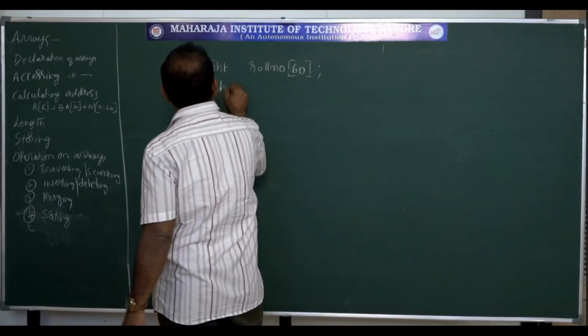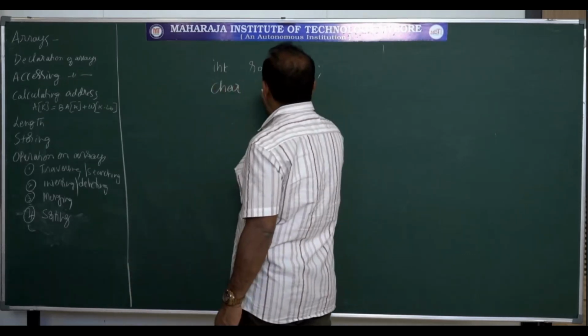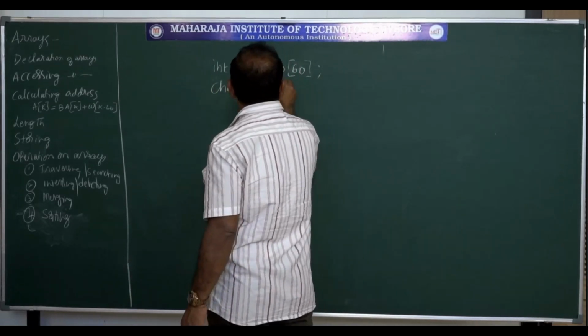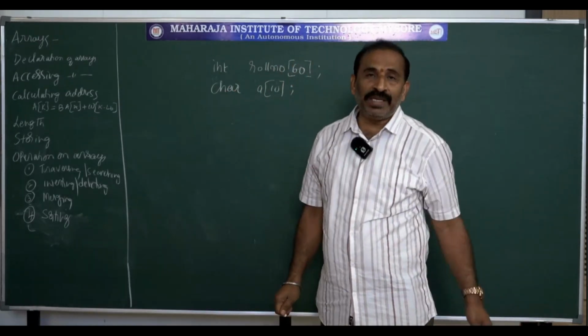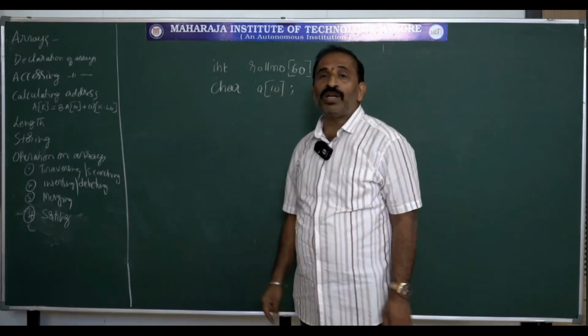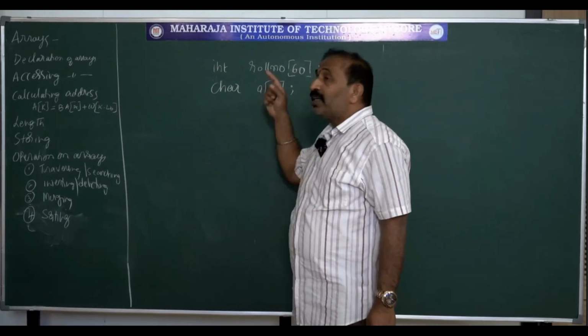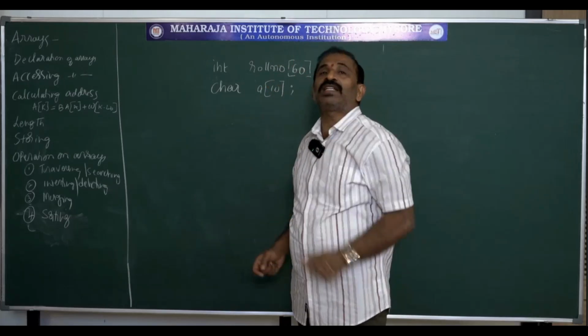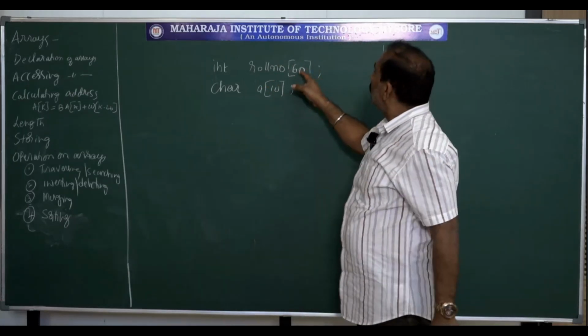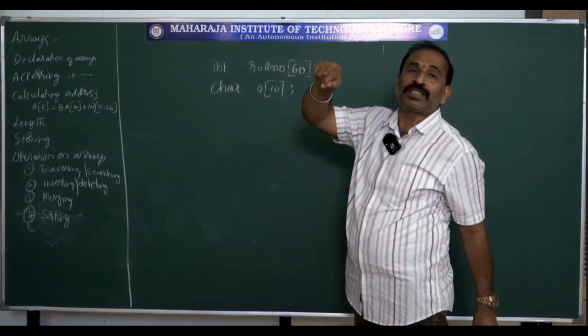Similarly, I can store this character A of 10. What does it mean? It means it can store 10 characters. This can store 60 integers.